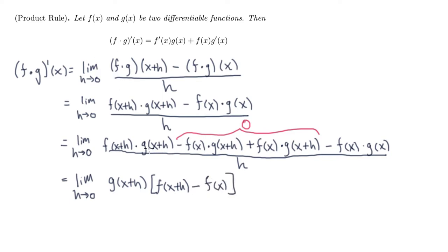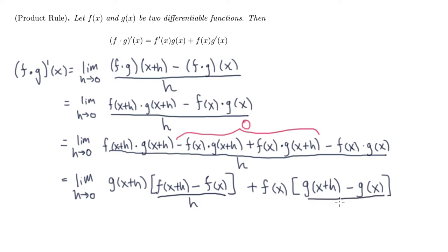That comes from factoring out g of x plus h, just looking at the numerator. And then plus, let me factor out f of x, and then what am I left with? g of x plus h minus g of x. And now I need to divide everything by h, so let me divide each of these terms by h.